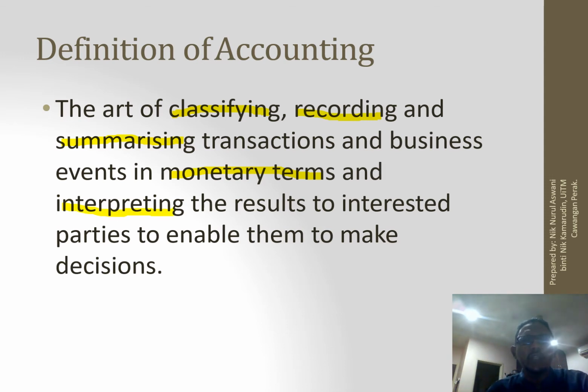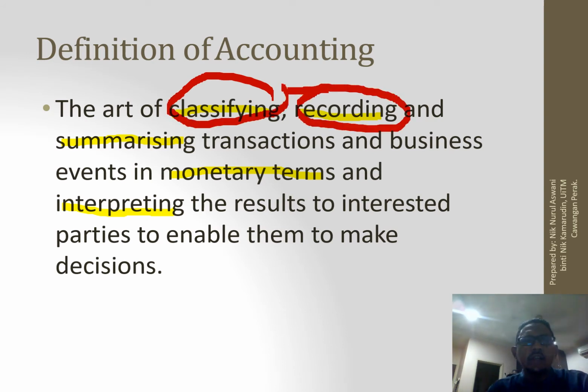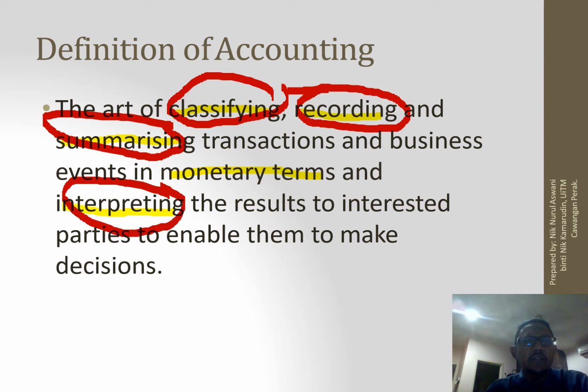So the keywords here are classifying, recording, and summarizing the business transactions in monetary terms, and interpreting the results to interested parties to make decisions. So there are four keywords here: classifying, recording, summarizing, and interpreting.